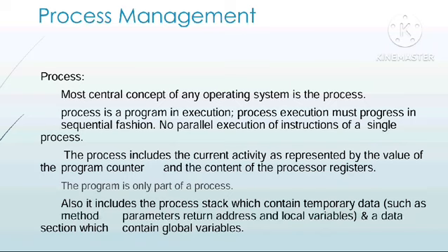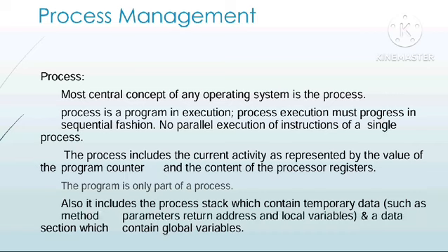So we first have a program which is written and ready for execution, but till that time it is just a passive entity. That means it just sits there without doing anything. But the moment it begins execution, at that instant we call that program a process.